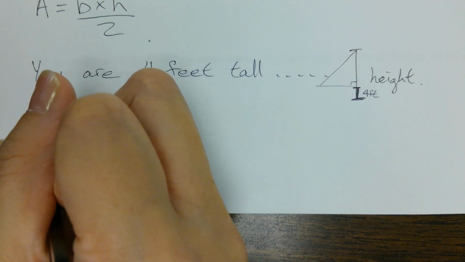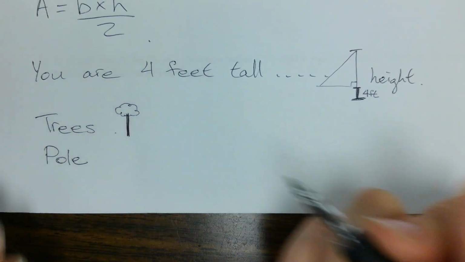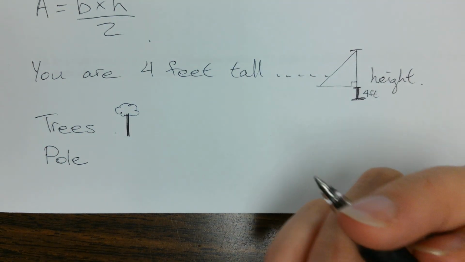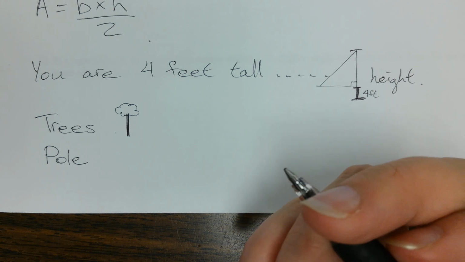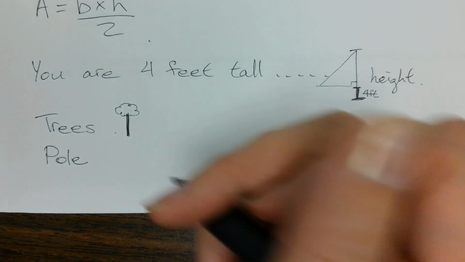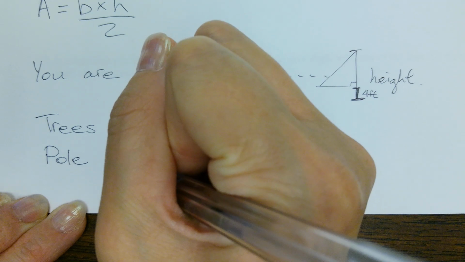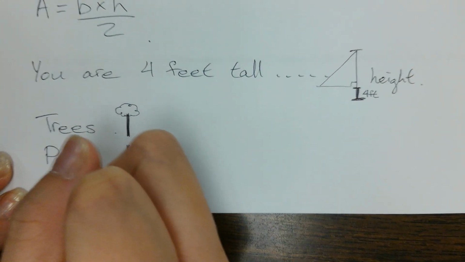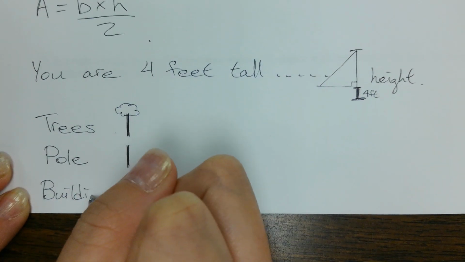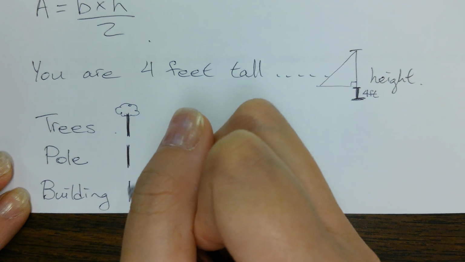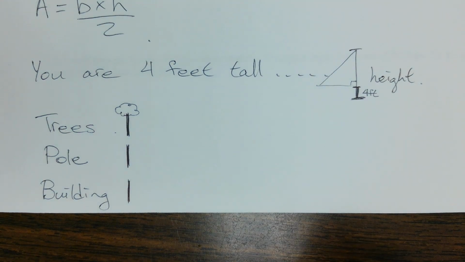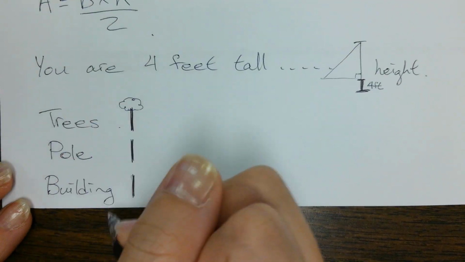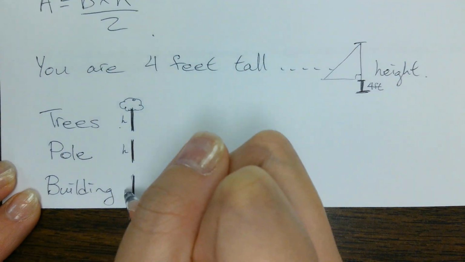Telephone pole, electrical pole. How do you see them? Do you see them on the ground? No. That means when they fall, but if they don't fall, they are vertical. Buildings also. They're supposed to be straight, supposed to be vertical. So all of these mean it's the height.